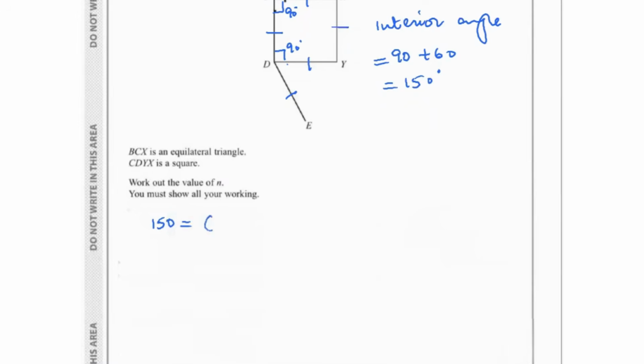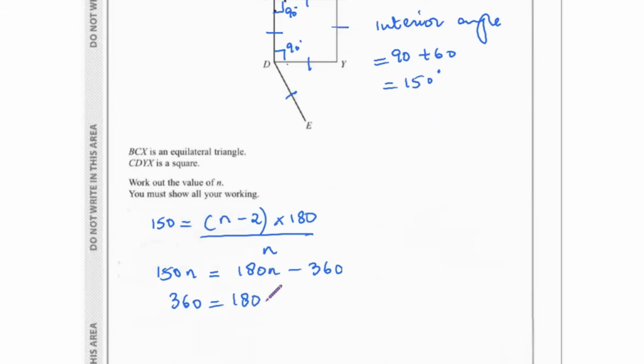150 equals n minus 2 times 180 divided by n. So 150n equals 180n minus 360. 360 equals 180n minus 150n, which is 30n.